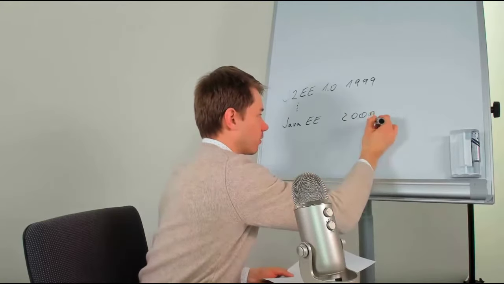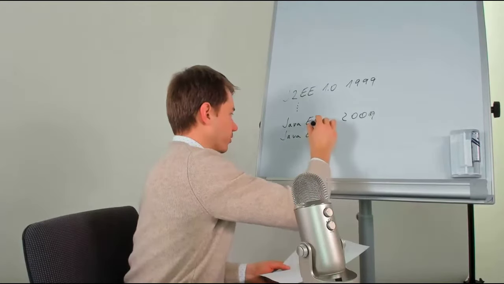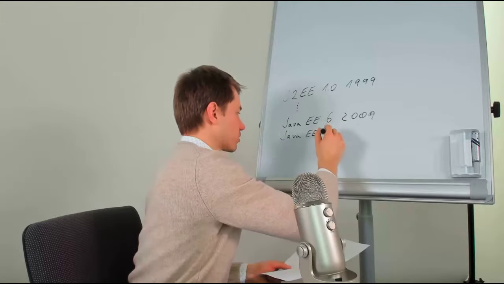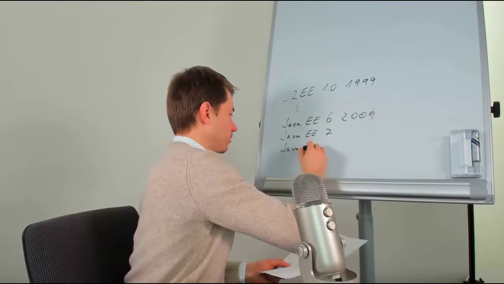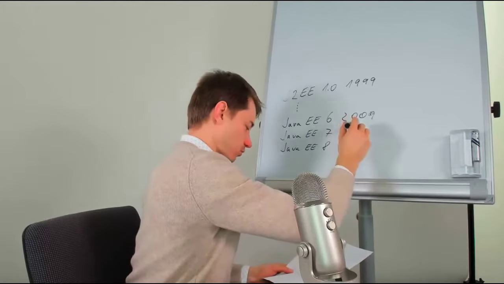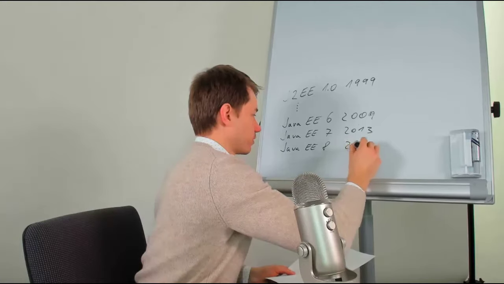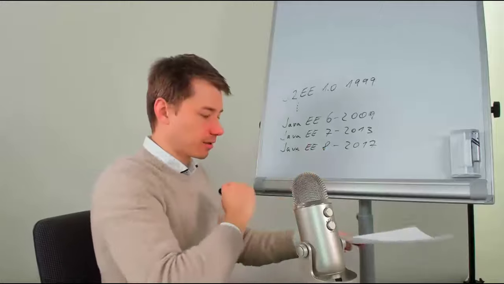And then Java EE, oh sorry, I didn't have a version here, so it was 6. And then here was 7, and Java EE 8. So 2009, 2013, and 2017. Okay, so 6, 7, 8.